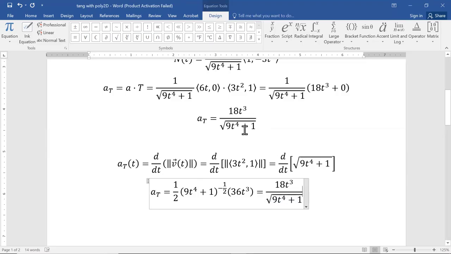Notice I got the same thing either way. The advantage of this formula here is that I never had to actually know the unit tangent vector to do my calculations. So in this case, I could find my a sub t without ever knowing what the unit tangent vector is.